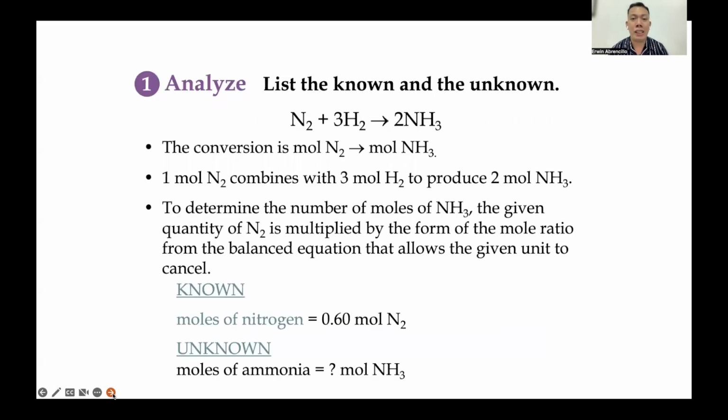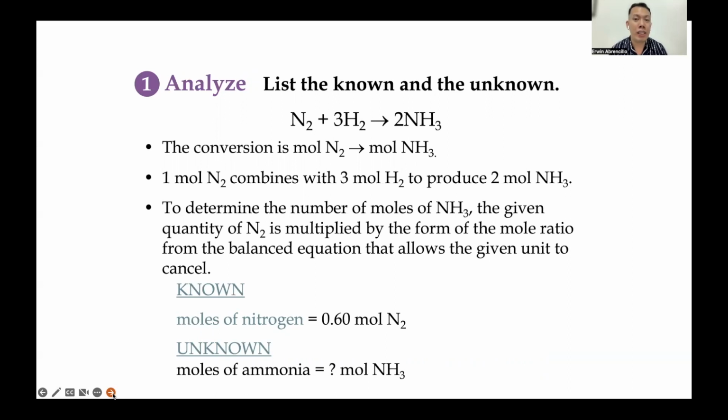First, you have to analyze the unknown. You have to list the known and the unknown. This is equivalent to writing the given in my previous discussion. As well as you have to write first the complete and balanced equation. Based on the given, you can write the balanced equation. You cannot start this analysis, including the other relationships, without first writing the balanced chemical reaction.